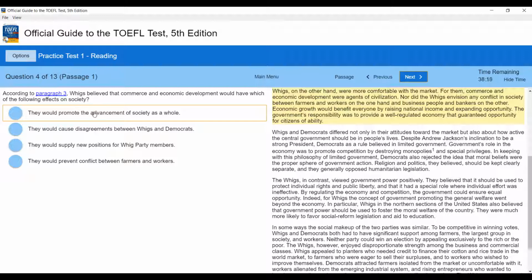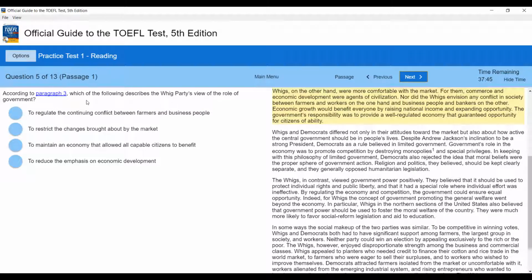So the first choice, A, this agents of civilization, I would say is somewhat of a rephrasing, or this development and advancement, which is also related here to this economic growth would benefit. So I'm going to go with choice A. These other three just are not correct on there.